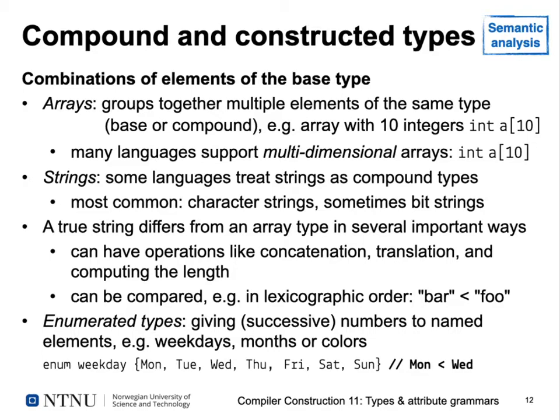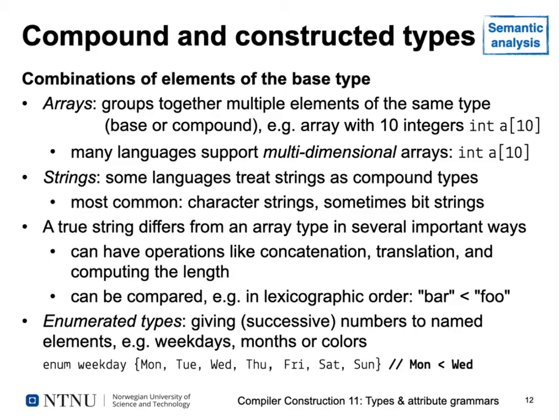So in the long run, of course, these basic data types don't make you happy, so most programming languages allow you to define more complex data types based on these basic data types, a combination or a repetition of these, so we can have compound and constructed types. These combinations of elements of our base types come in different ways.